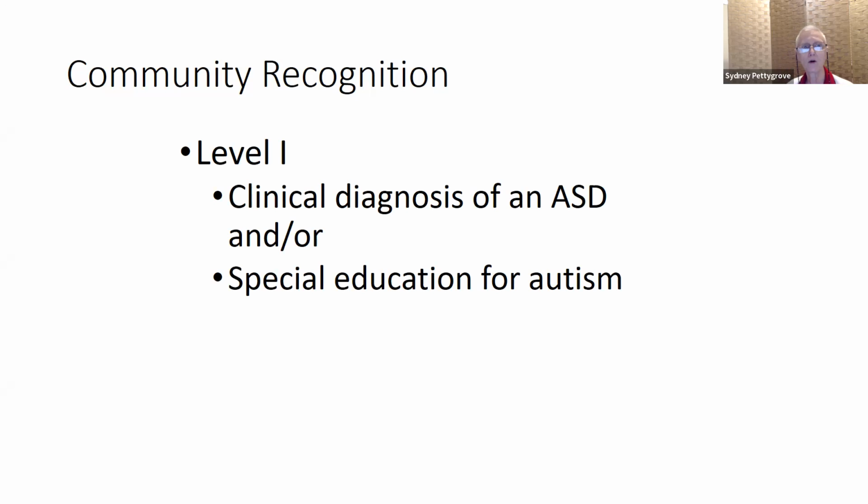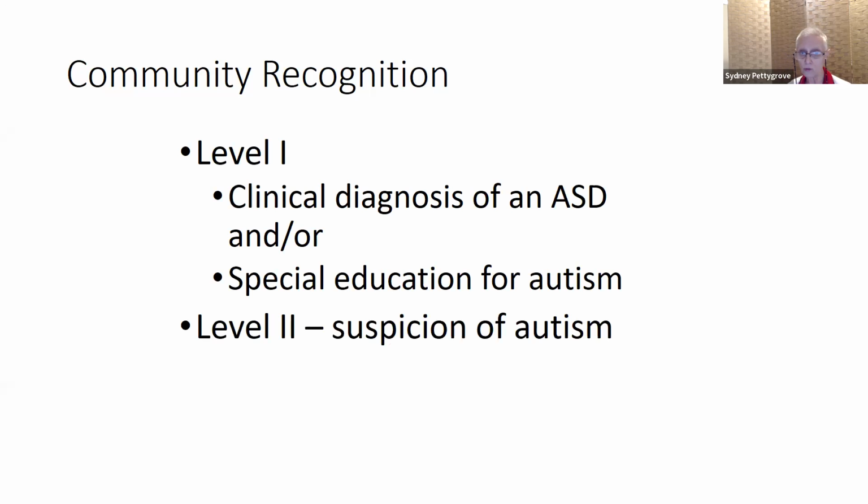So community recognition, the first level is the child does in fact have an ASD and or a special education exceptionality of autism. Level 2 would be someone in the record somewhere said that they suspected that the child could have autism.